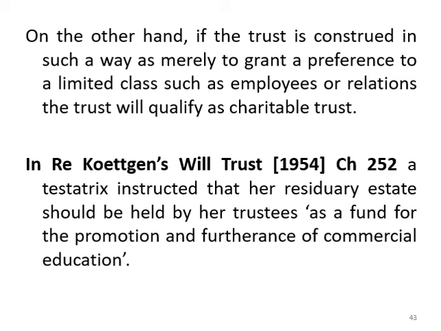On the other hand, if the trust is construed in such a way as merely to grant a preference to a limited class such as employees or relations, the trust will qualify as a charitable trust.